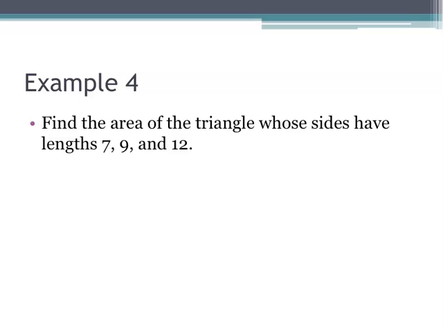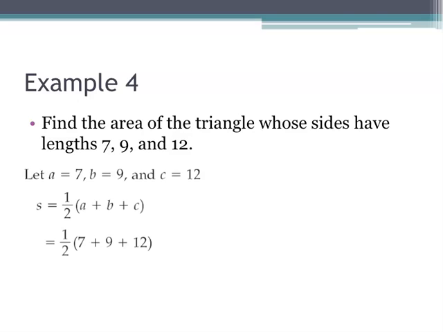So first we're going to have to find what S is equal to. So S is equal to 1/2 A plus B plus C, so that's 1/2 of 7 plus 9 plus 12. That's equal to 28 divided by 2, which is 14. And then you take the square root of S times S minus A, S minus B, S minus C. We're going to fill in.